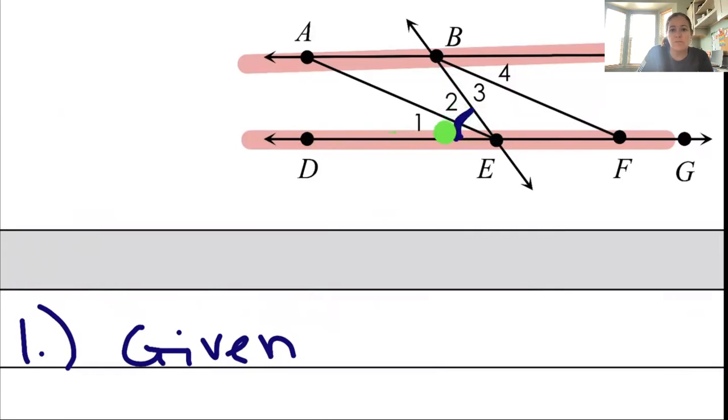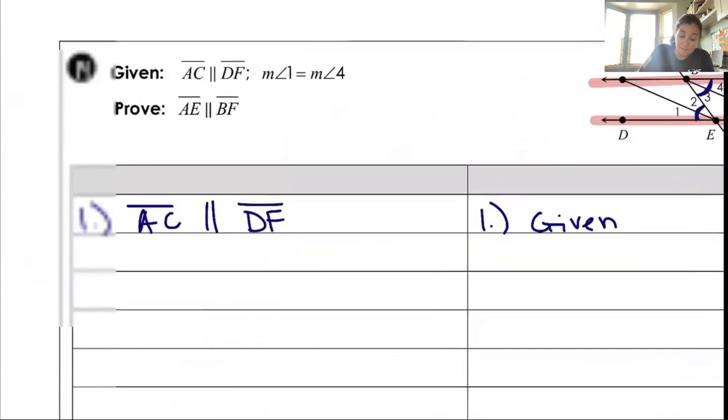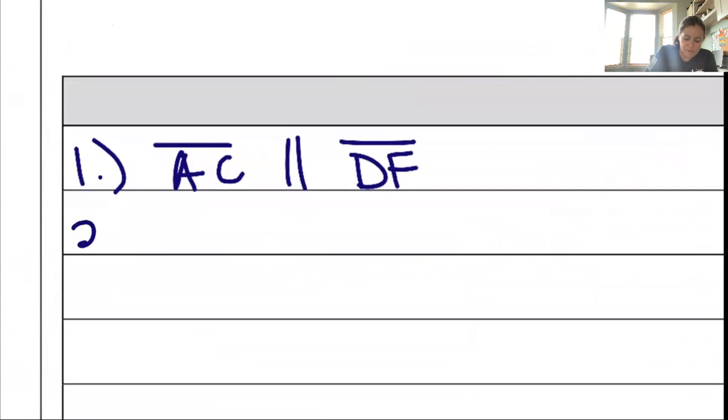DEB is when you add 1 and 2 together. And this angle here, 3 and 4 added together, give us CBE. Those are alternate interior angles, so I know they're equal to each other. So let's add that in there from those parallel lines.